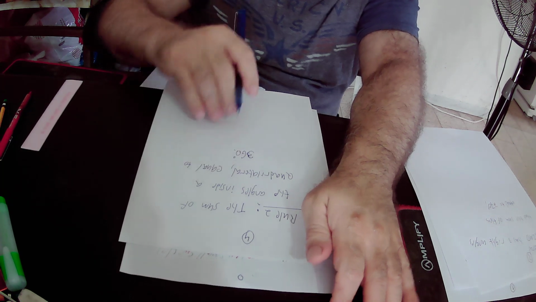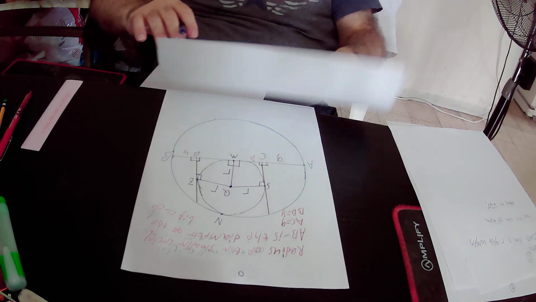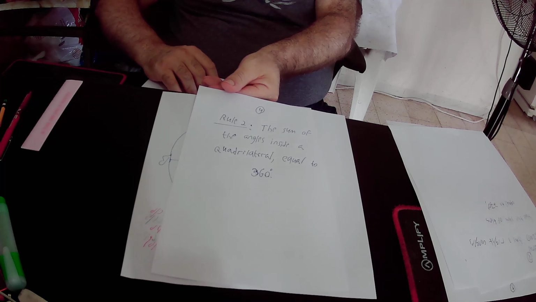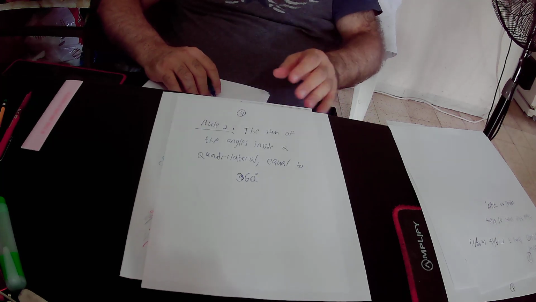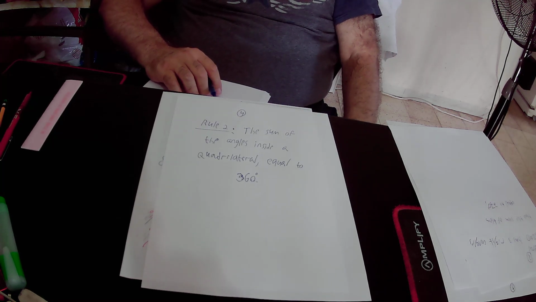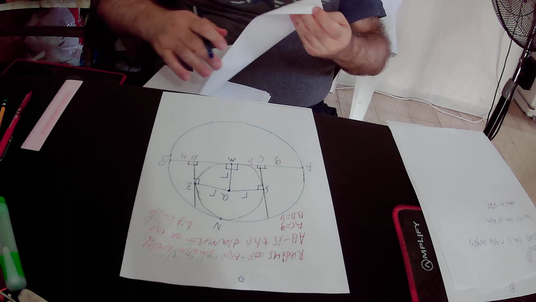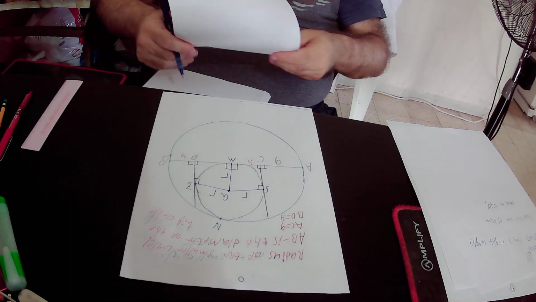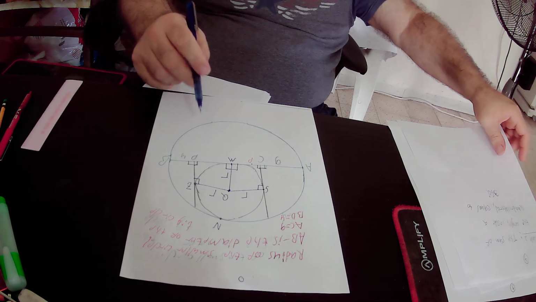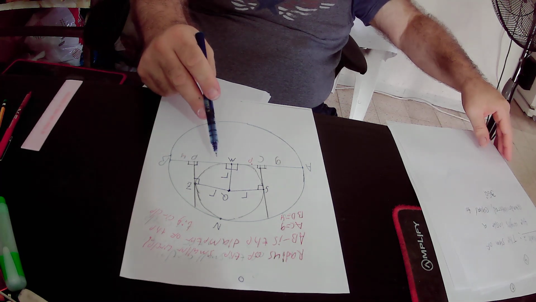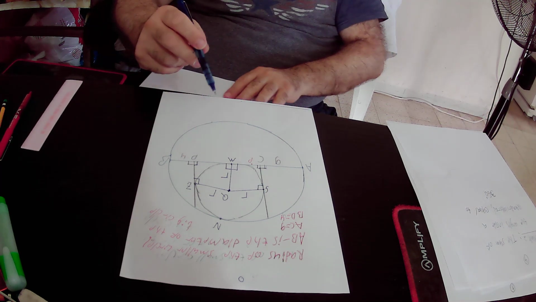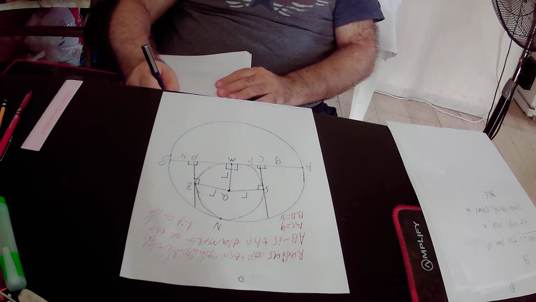Okay, so I will read rule number 2 again. Rule number 2 states that the sum of the angles inside a quadrilateral equals 360 degrees. So according to rule number 2, the sum of the angles in quadrilateral QZMD must be equal to 360 degrees.